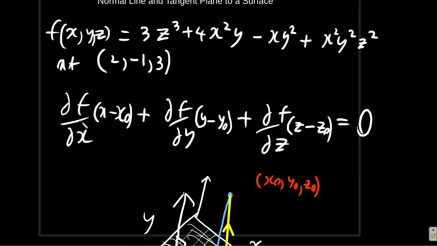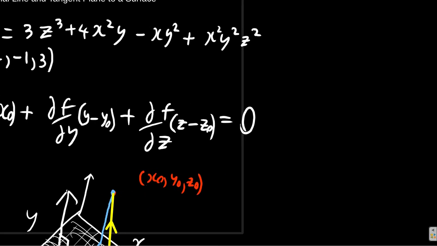Alright? So try to remember this formula, just in case you have to work it out in an exam and no formula sheet is given with it. Alright, so we have that formula there for the tangent plane. We're going to need to find these derivatives, right?